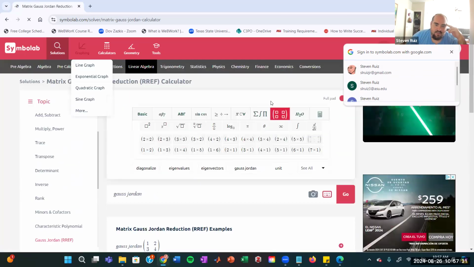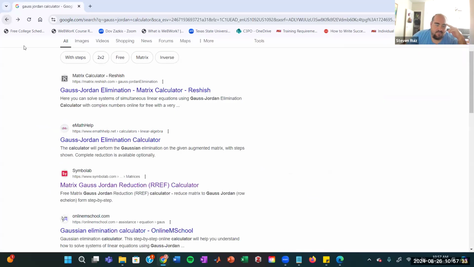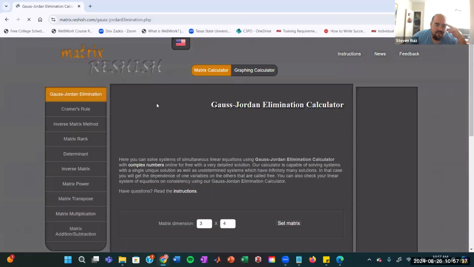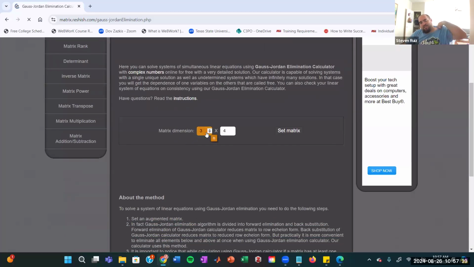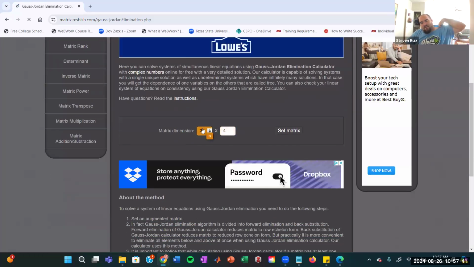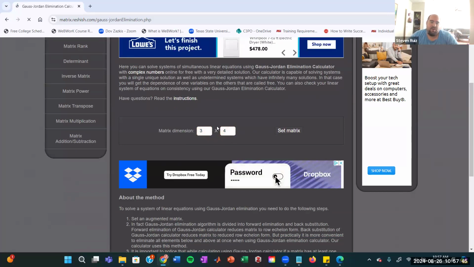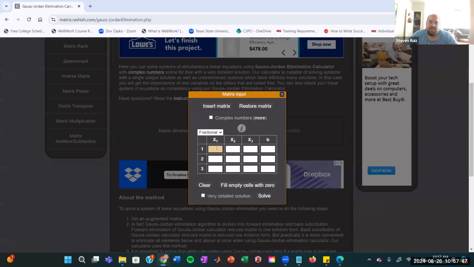Maybe I don't want to do this one, because I think there's going to be one that's a little more user-friendly. Here we go. So matrix dimensions: number of rows, number of columns. 3 by 4 is what I want. So set the matrix, and so I don't have to flip back and forth, let me look at my notebook here.